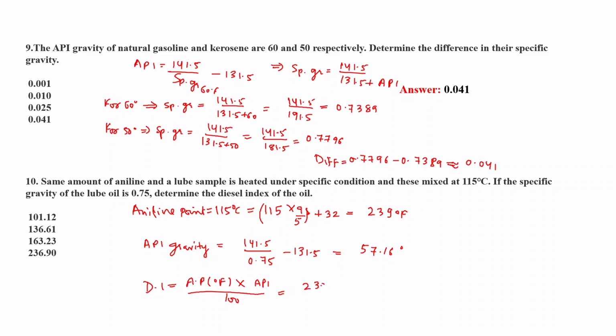So it will be 239 into 57.16 divided by 100, which will give us 136.612. So the answer is 136.61.